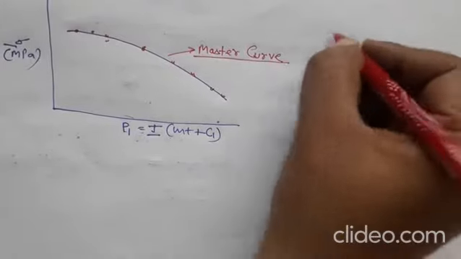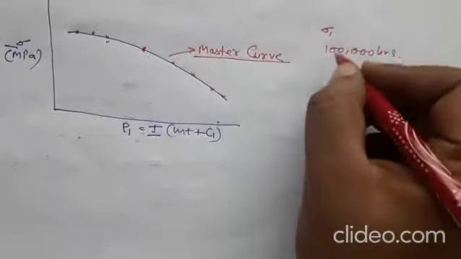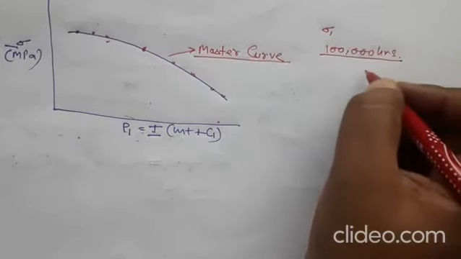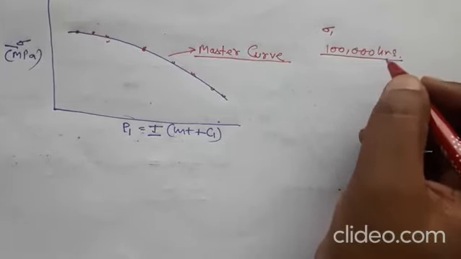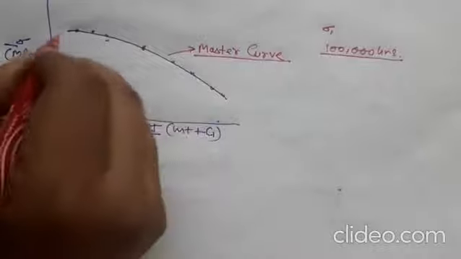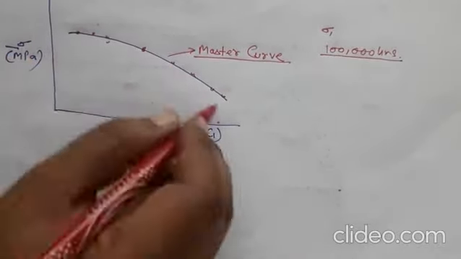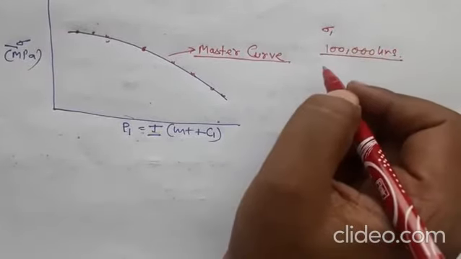We want to find out the stress at which the material will fail at these many hours. So do you want to do the testing at these many hours? If no, then you find out the Larson-Miller parameter, plot this curve and extrapolate it. And then you can solve this. You can find out at which stress the material will fail.